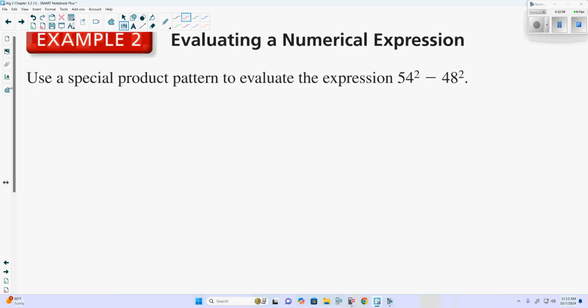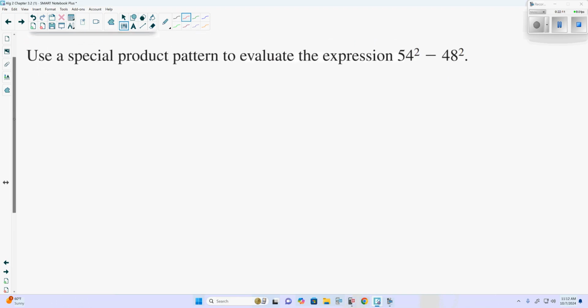Use a special product pattern to evaluate 54 squared minus 48 squared. Well, they gave us a and b. Because a squared minus b squared is equal to a plus b times a minus b. So a in our case is 54.